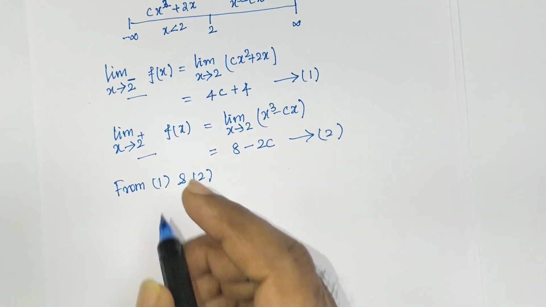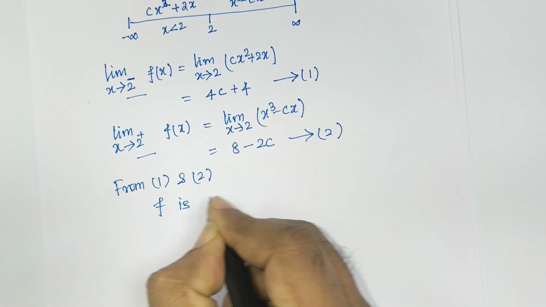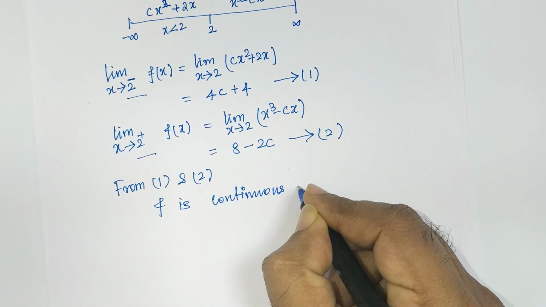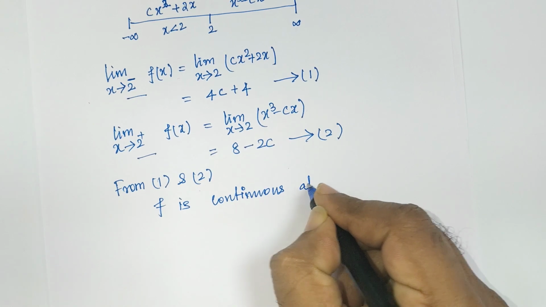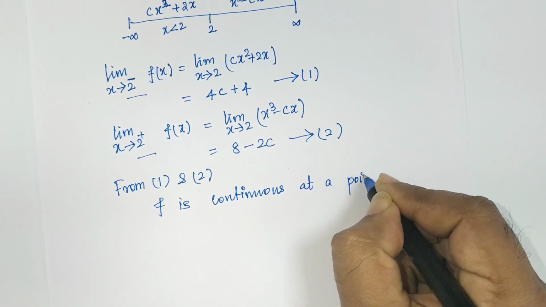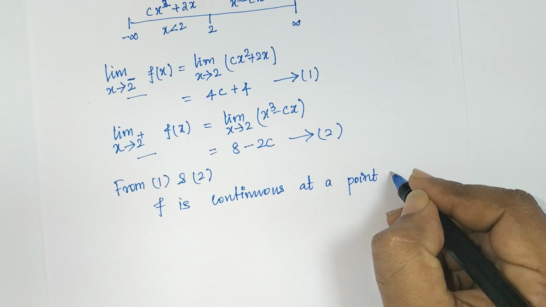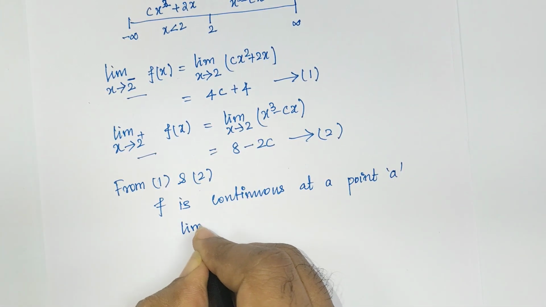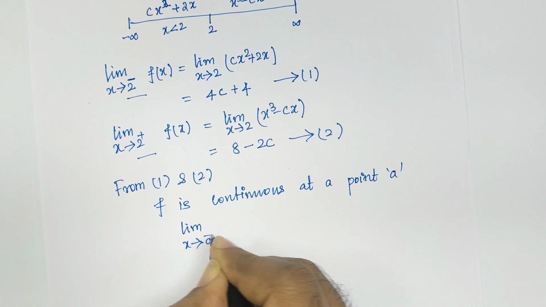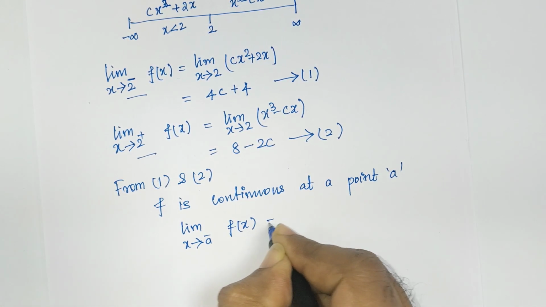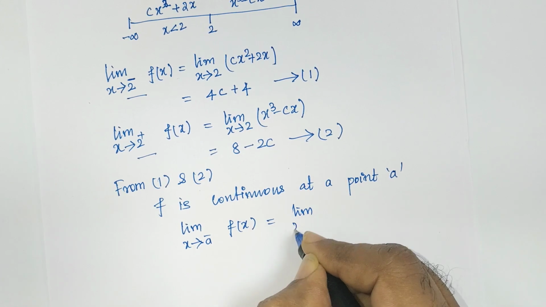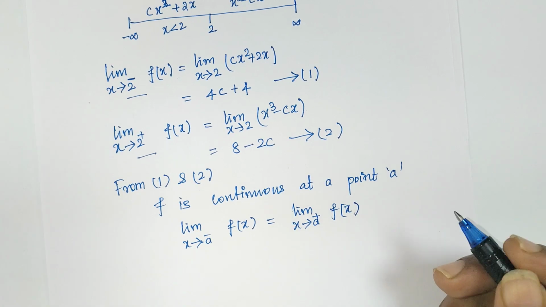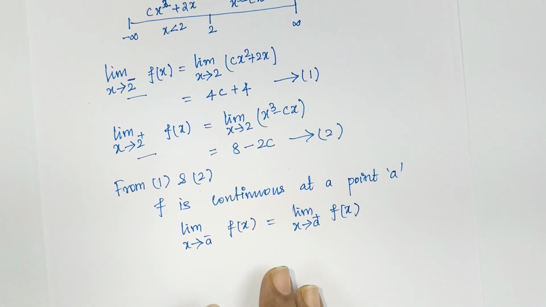So f is continuous at a point a. The formula is limit x tends to a minus f of x, left hand side, is equal to limit x tends to a plus f of x, right hand side. Both should be equal if it is continuous.